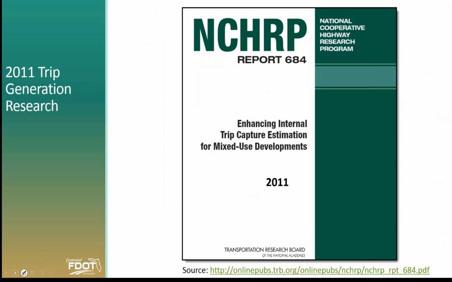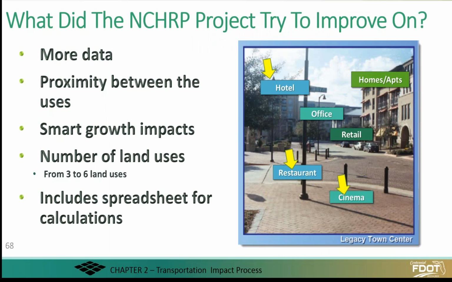In 2011, the National Cooperative Highway Research Program added to the data by spending quite a bit of time, for those of us that followed it, finished in 2011 and studied 3 more developments, and they added 3 more land uses to it.